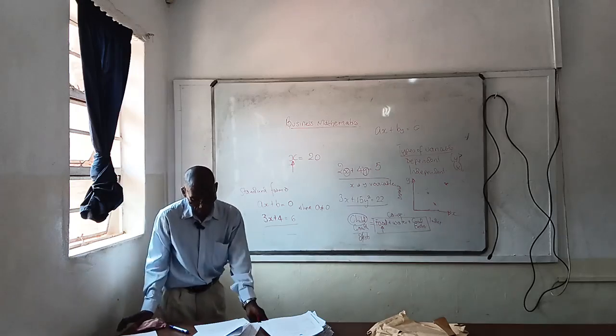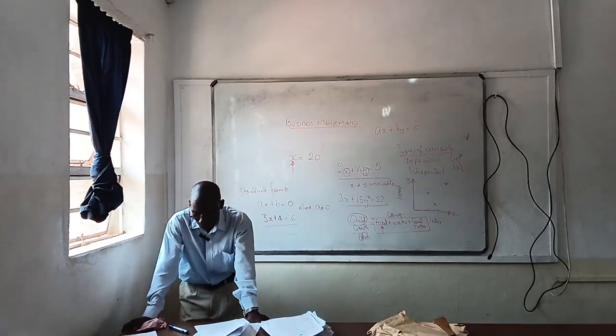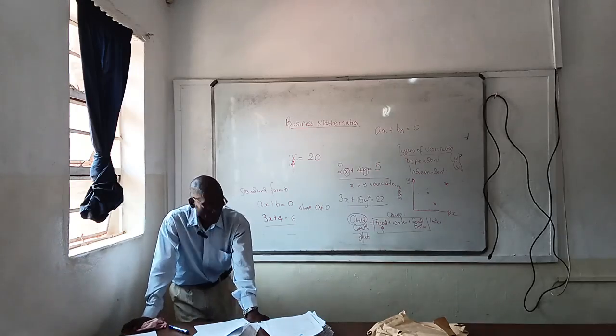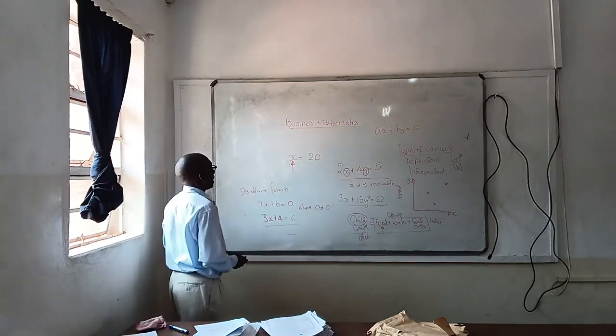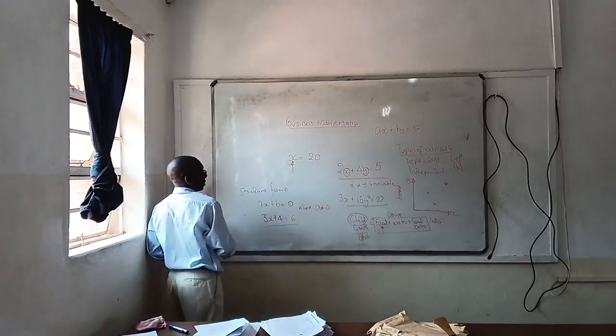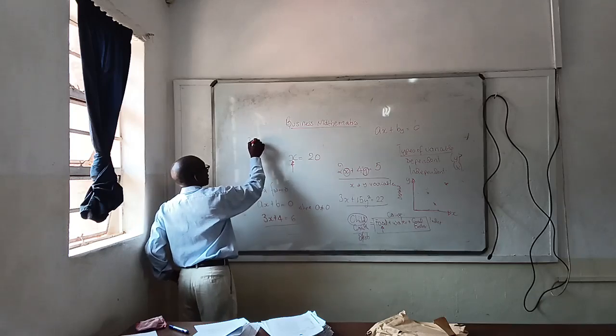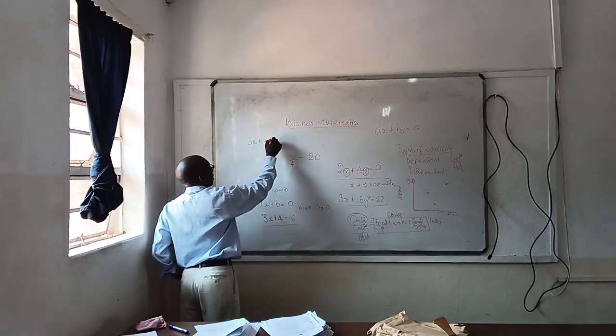Therefore, if we have to define a linear equation, it is this. Like this one is a linear equation, like 3x plus 4y is equal to 5.